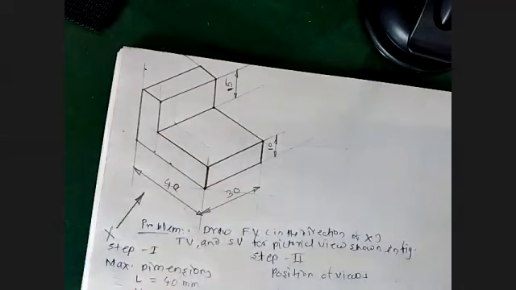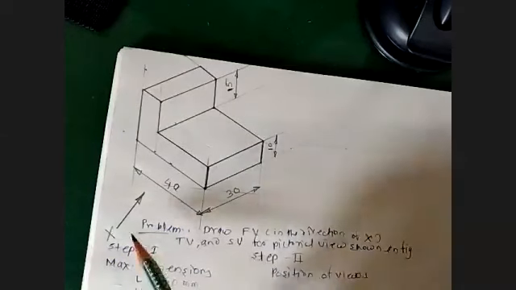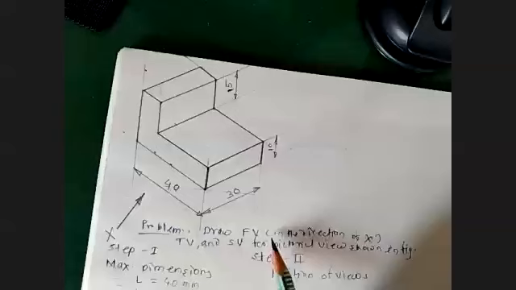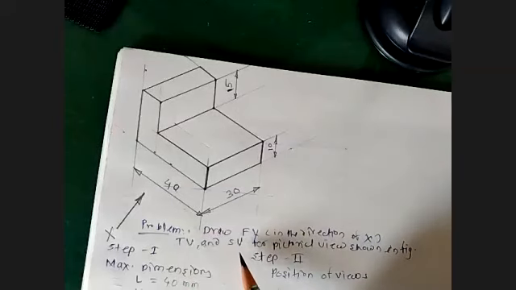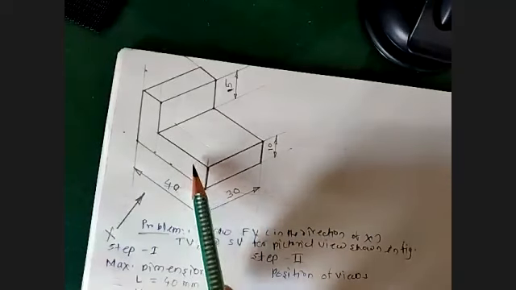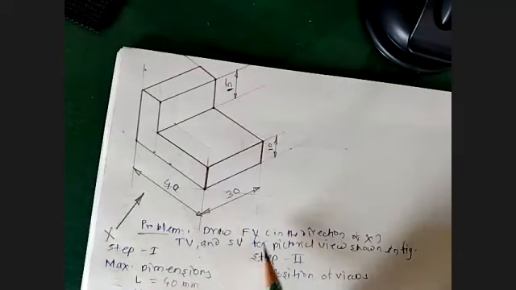It is in the direction of x, which is nothing but the arrow. Front view, top view, and side view. For the pictorial view shown in figure, you have to draw front view, top view, and the side view.